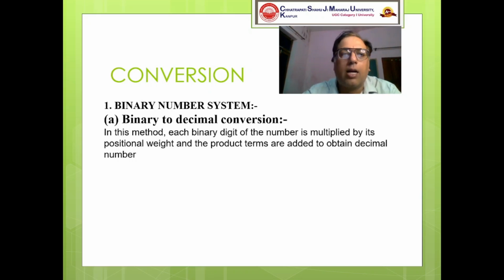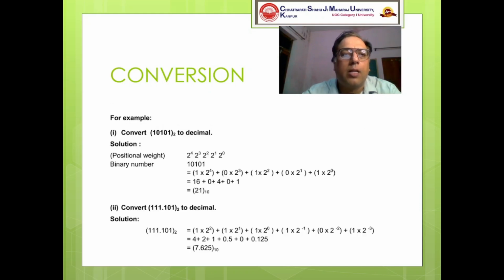Let us understand it by an example. Let us convert 10101, which is in binary, to decimal. The respective positional weights are given on the 10101, that is 2 to the power 0, 2 to the power 1, 2 to the power 2, 2 to the power 3, 2 to the power 4, and so on.